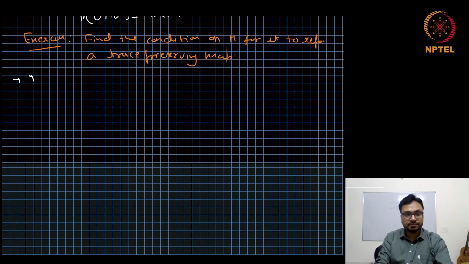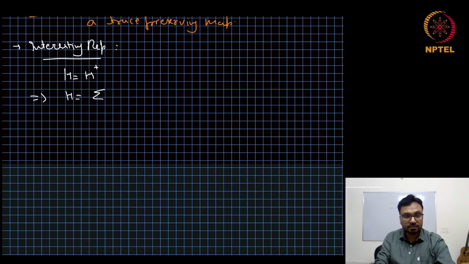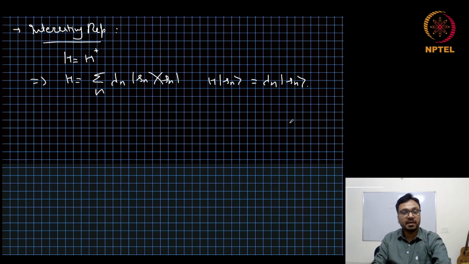An interesting property or representation for a Hermitian map: H is Hermitian. It means we can write a spectral decomposition for it, sum over n lambda n S n outer product S n, where S n are the eigenvectors and lambda n are the eigenvalues.